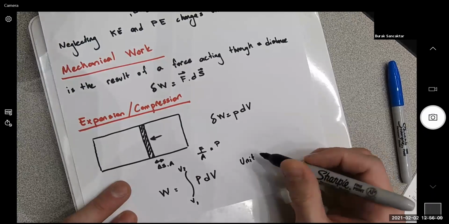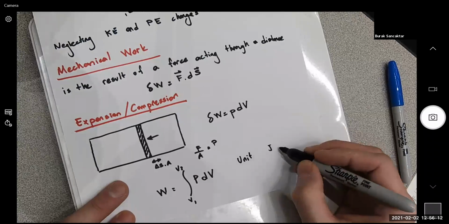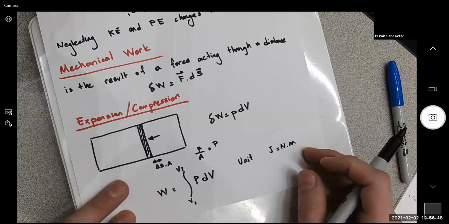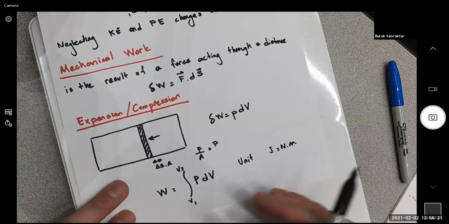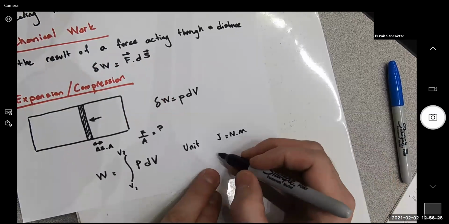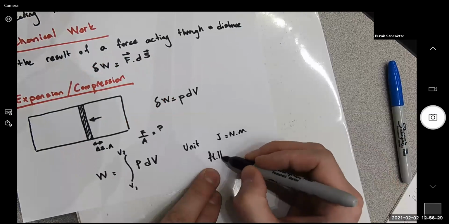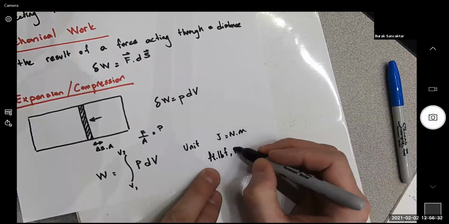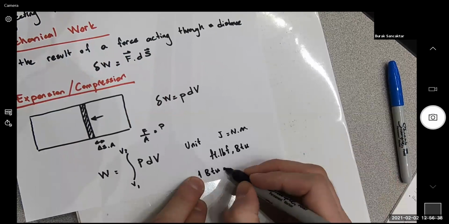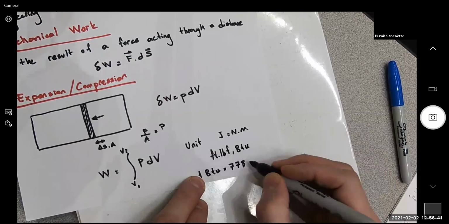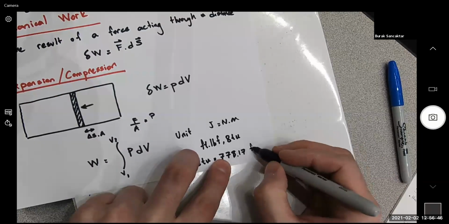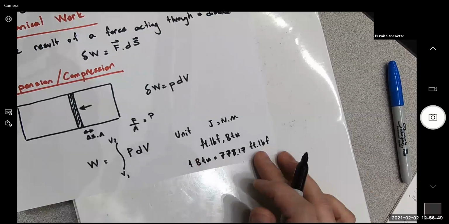Units: joule, which is newtons times meter, if we multiply and divide by area. Or in US customary units, it will be foot times pound force, or BTU, right? And 1 BTU equals 778.17 foot pound force.